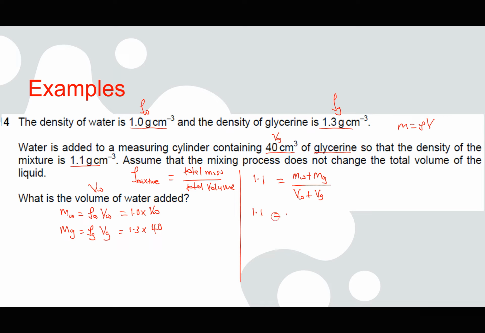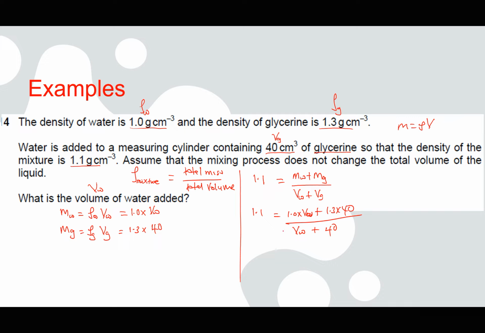So 1.1 is equal to the mass of water is 1.0 times VW plus the mass of glycerin is 1.3 times 40 divided by the volume of water is not known. I'll leave this as VW plus the volume of glycerin is known to be 40.